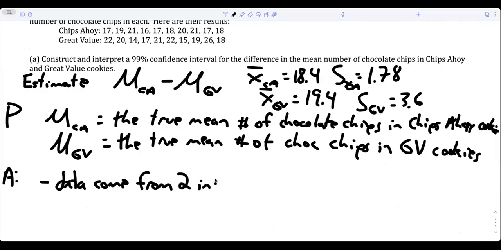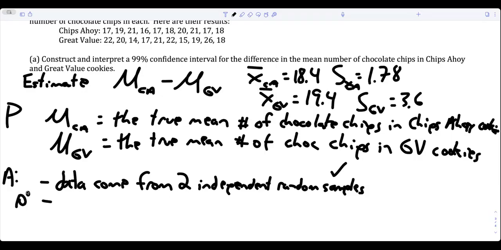So two independent random samples. Okay, and so it's given in the stem of the problem that they were randomly selected, and I think I can safely assume if they come from two different brands, Chips Ahoy and then Great Value, that those two things will be independent of each other. All right.